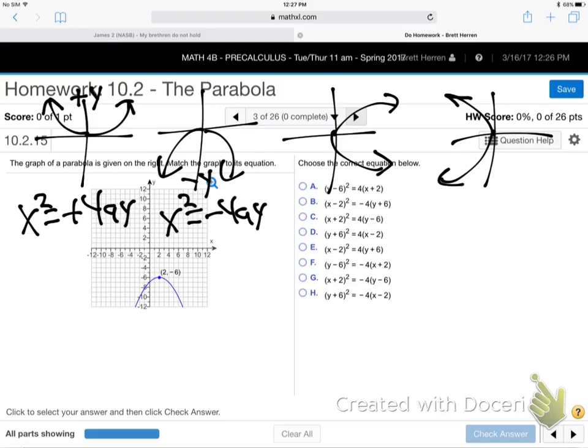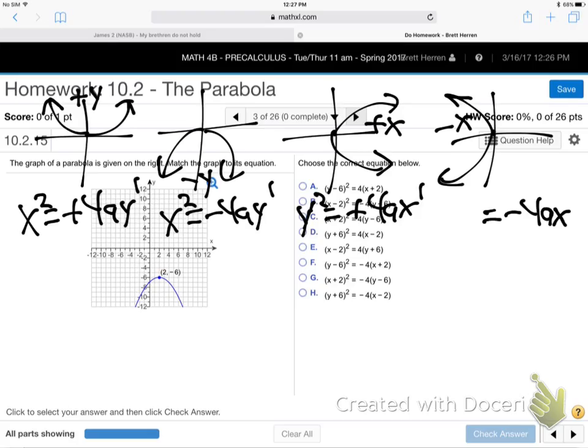That's what ours is. When it's to the right, that's the positive x direction, so it's y squared is positive 4ax. It's all about the first power letter. The first power letter, like x to the first, y to the first here, y to the first here, tells the direction, doesn't it? This one is negative x, so negative 4ax. Going to have to look at that screen. Is y squared. All right, so it's which one? It's this one, because ours is going down.